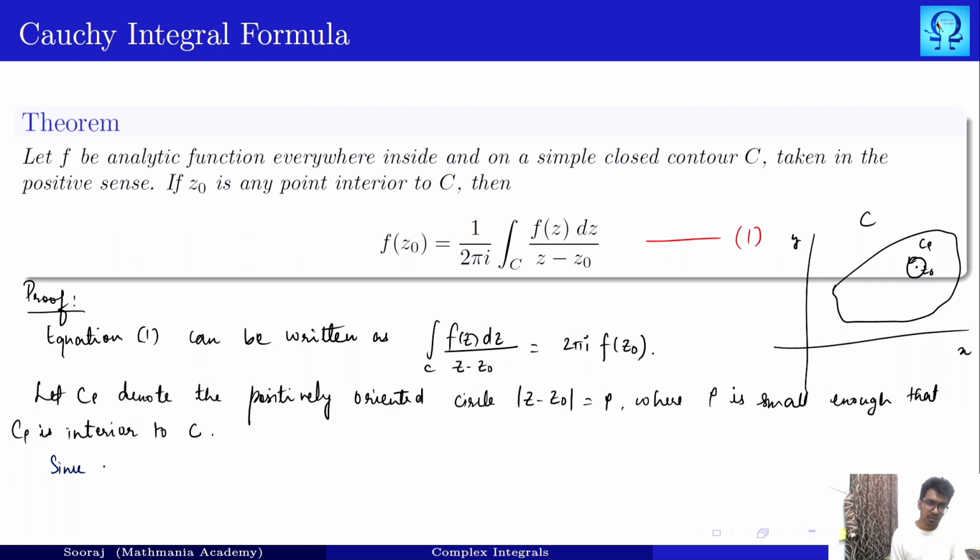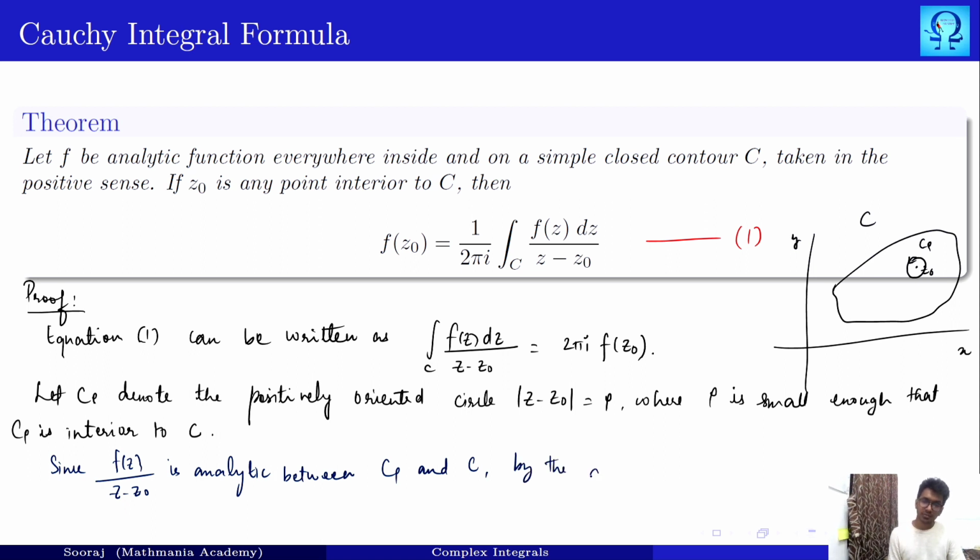So after taking this, let us examine the function. Since f of z upon z minus z naught, this entire quantity, is analytic between C rho and C, by the deformation of paths, what can we write?